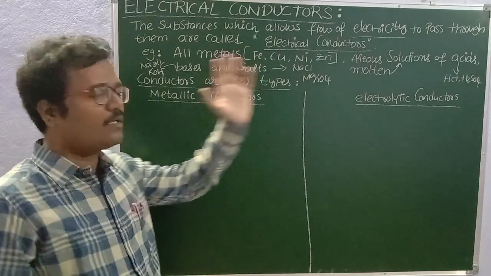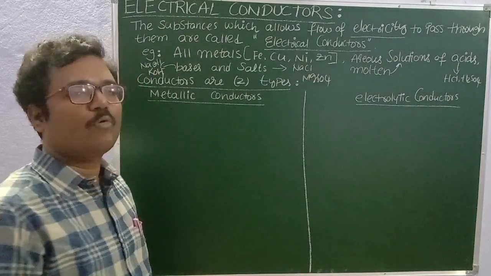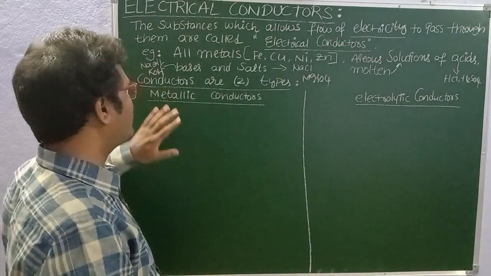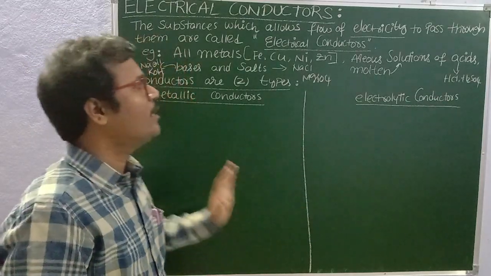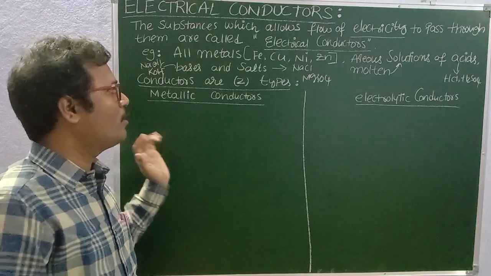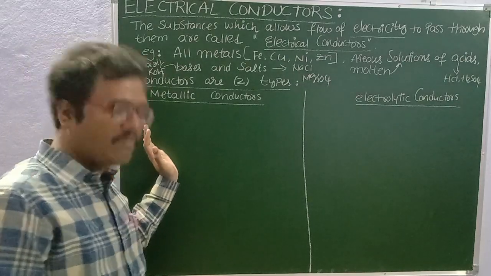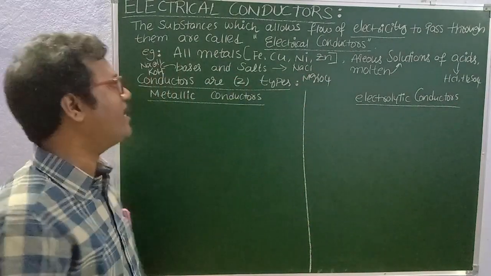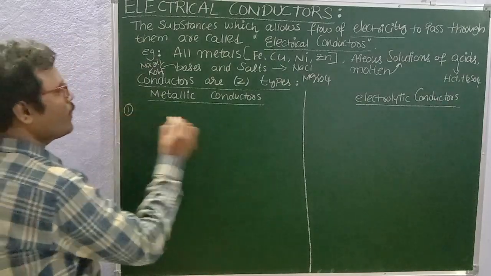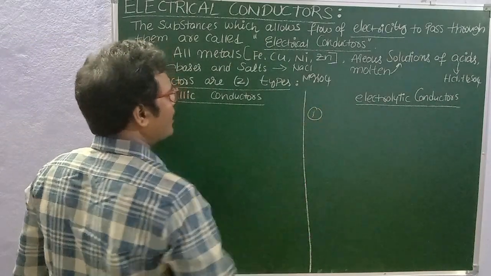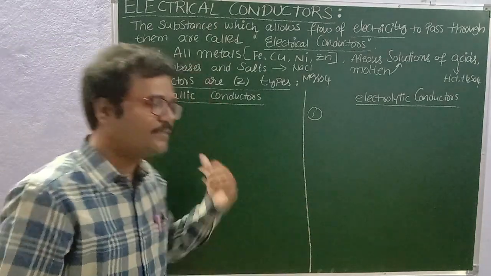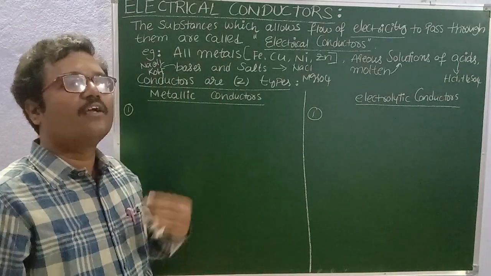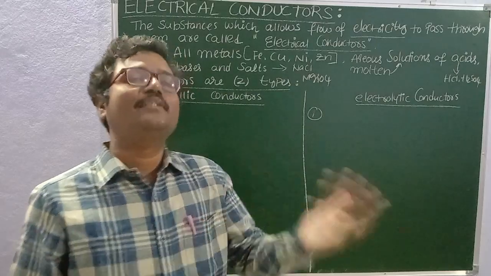Then what are the types of electrical conductors? We have two types of electrical conductors. Those are metallic conductors and electrolytic conductors. Now let us understand the main differences between metallic and electrolytic conductors. The first point: metallic conductors are the electrical conductors that allow electricity without undergoing any chemical change.